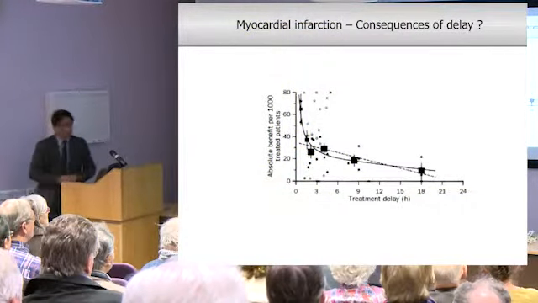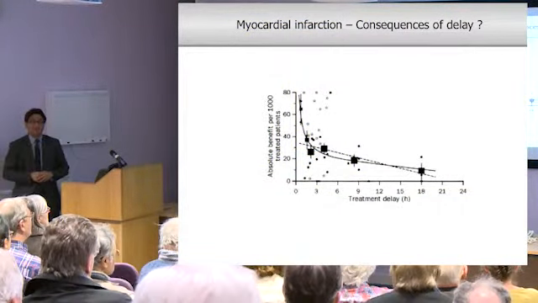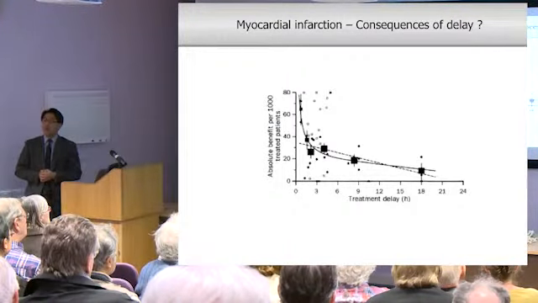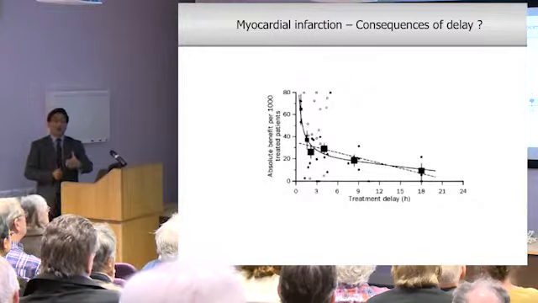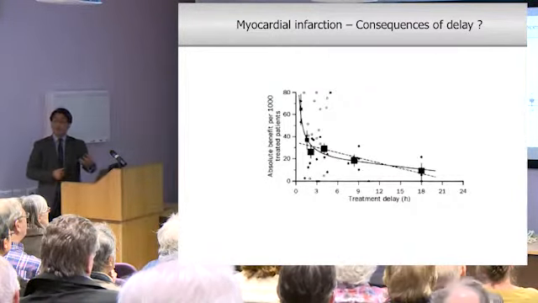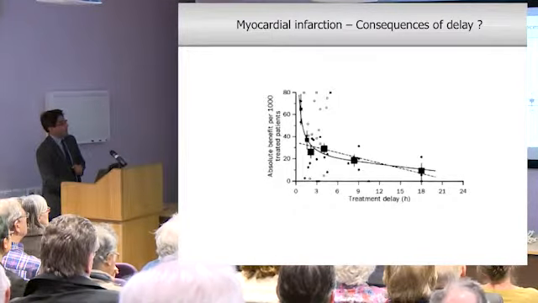So the reason that we operate this system is because there is a very, very sensitive relationship between elapsed time after the blockage occurs in a coronary artery, provoking heart attack and provoking pain, and the clinical outcome.